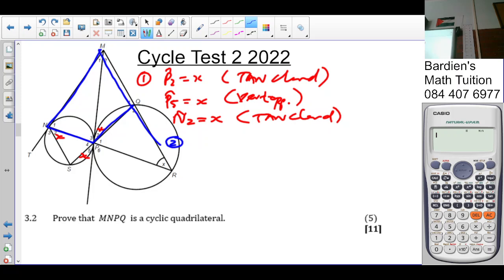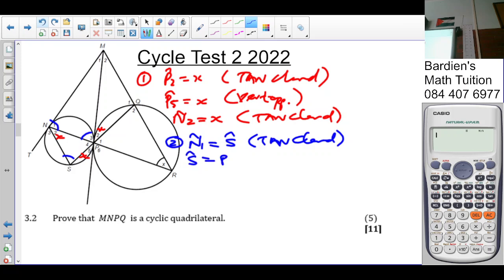Okay? So we're going to go with exterior angle equal to the interior opposite angle. So we're saying that N1 is equal to which angle? To angle S. Why? Tan theorem. Then angle S is equal to angle P3.